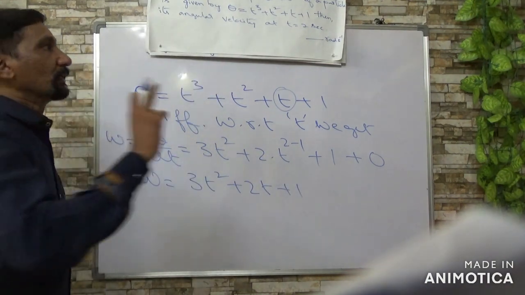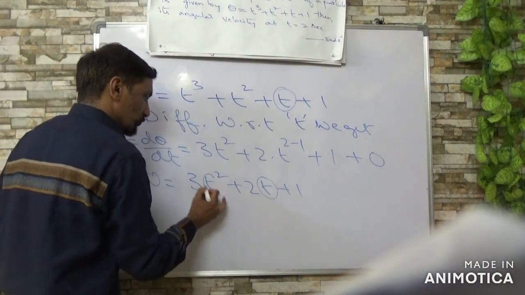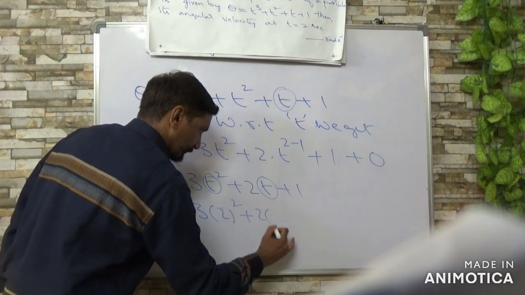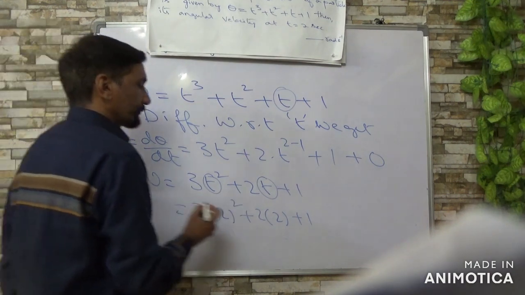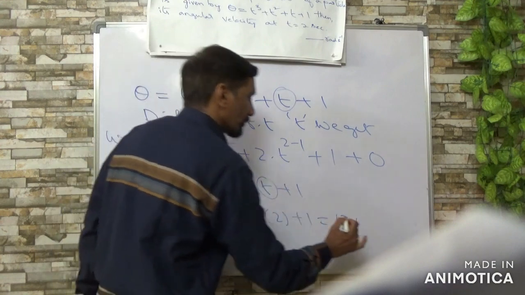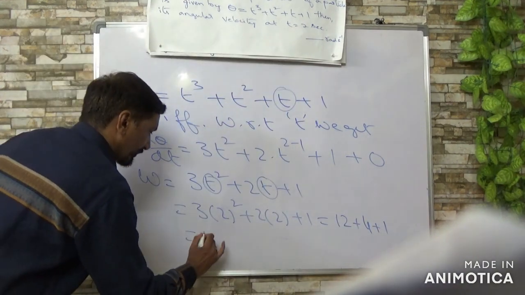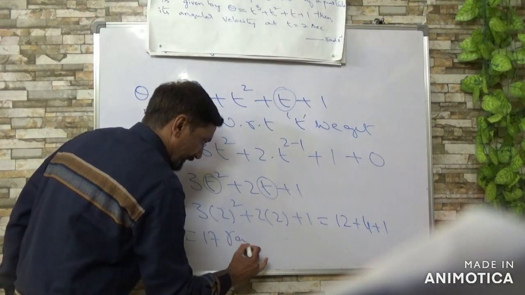You want it at 2 seconds, so put t equal to 2 seconds. So 12 plus 4 plus 1, 17 units. That is, radian per second.